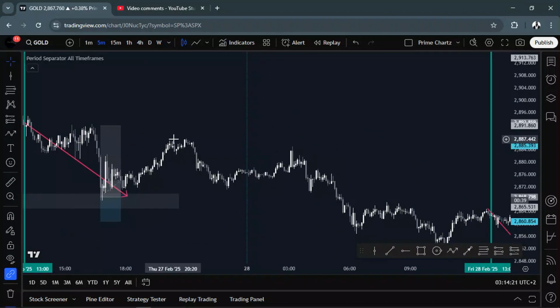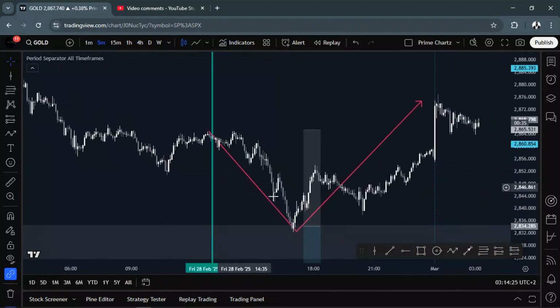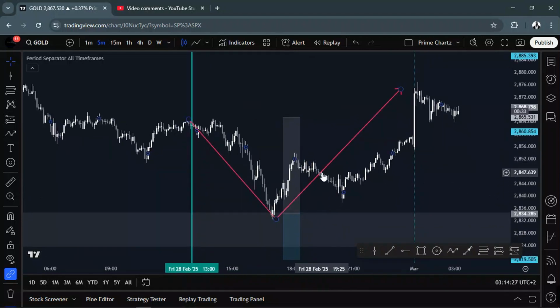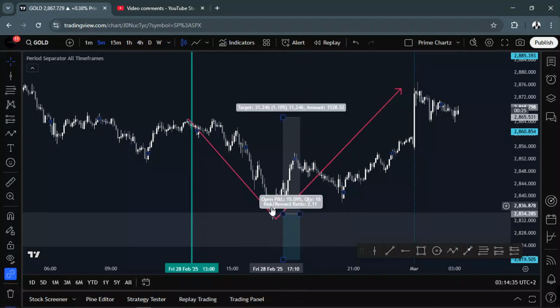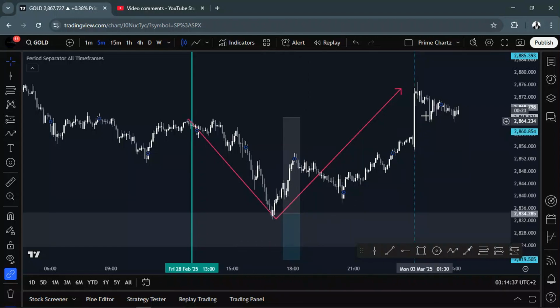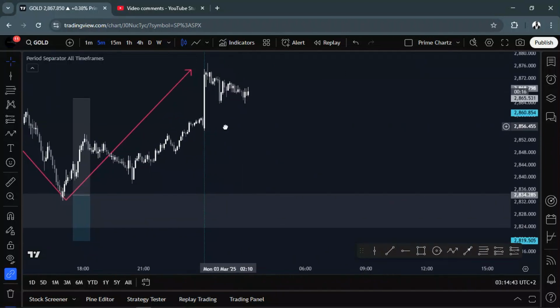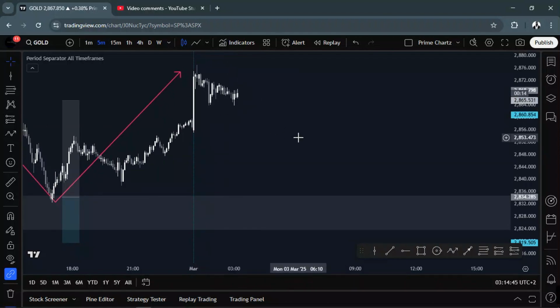So this was our loss on Thursday. When we go on Friday, we had another successful trade right here, guys. Price reversed from the support zone and pushed all the way to the upside, making it a very successful trade, right?